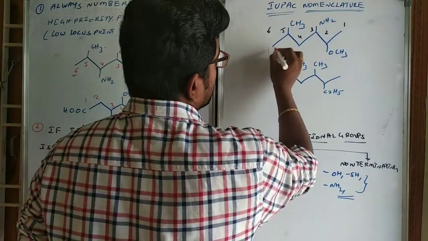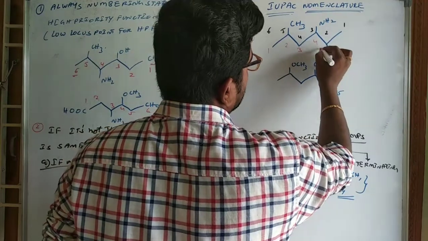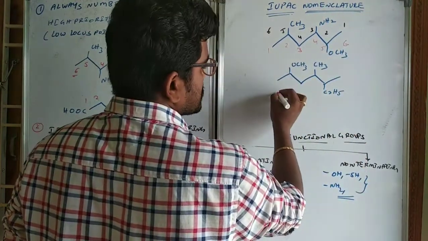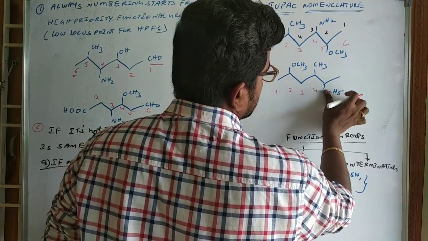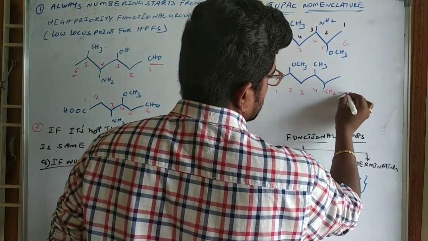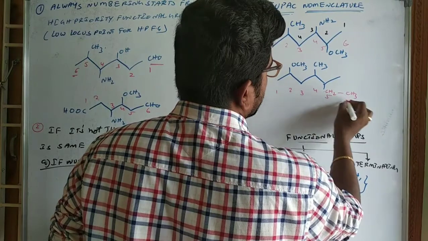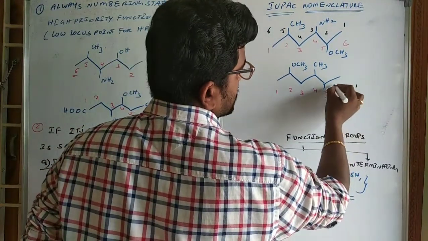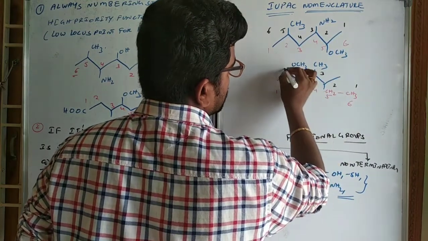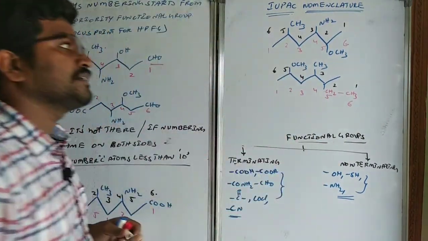From this side, 1, 2, 3, 4, 5, 6. For this one, CH2, CH3, 4, 5, 6 will come. From this side you number, 1, 2, 3, 4, 5, 6 will come.